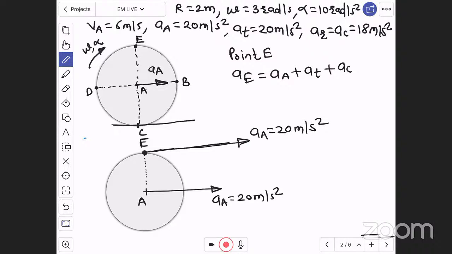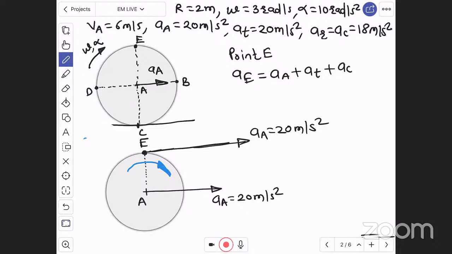Now there will be a tangential acceleration of 20 meter per second square. Tangential acceleration is perpendicular to radius, it is tangent. We have to draw tangent at point E, and tangent to the circle is always perpendicular to radius. The direction of rotation of the wheel is clockwise, with angular velocity omega and angular acceleration alpha. Therefore this point E is moving in clockwise direction, like this.